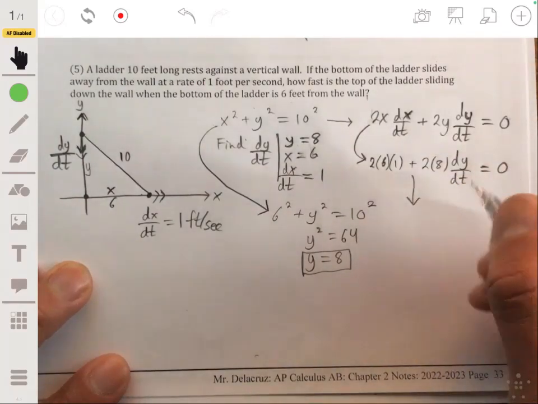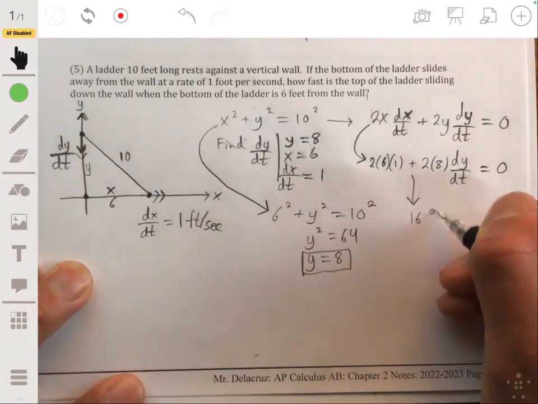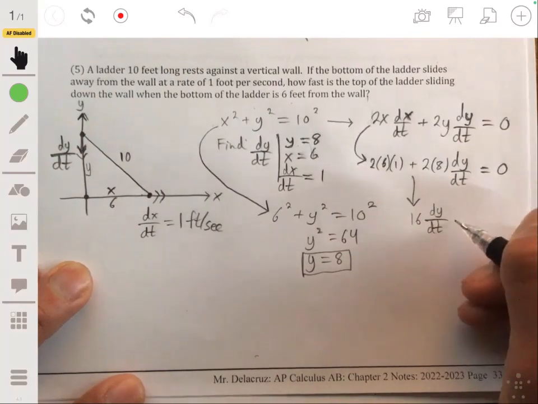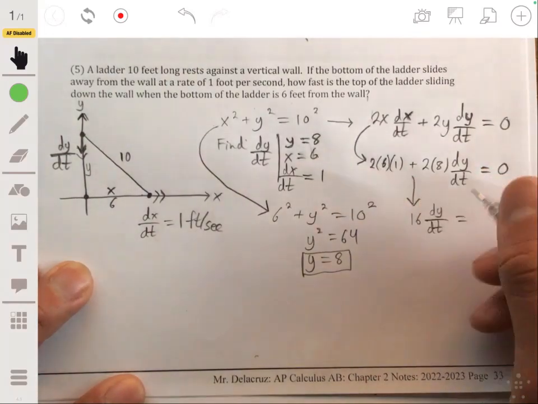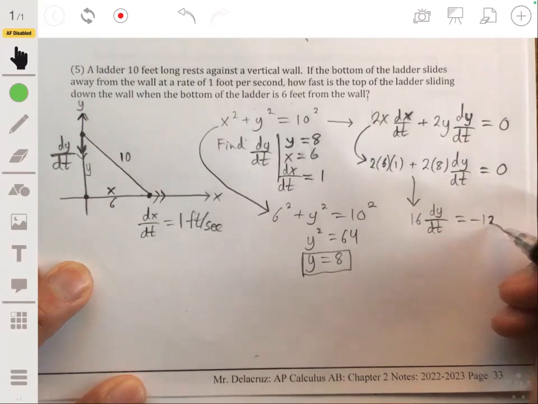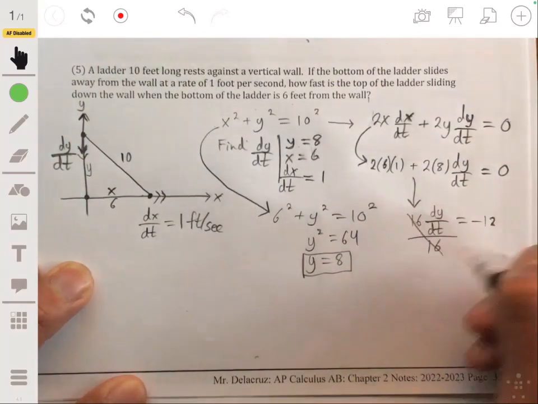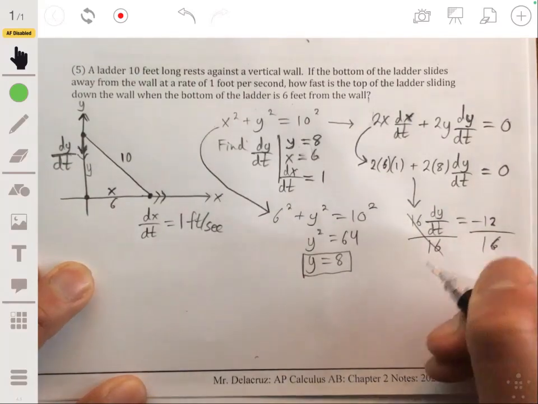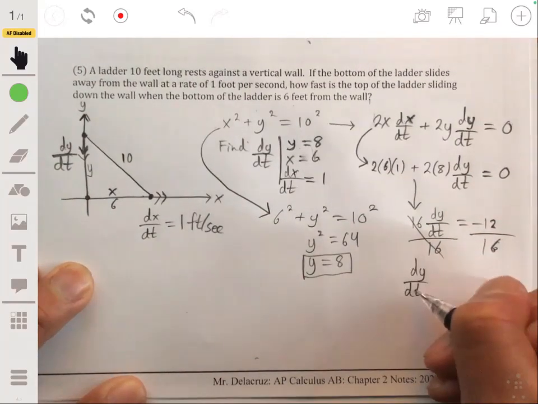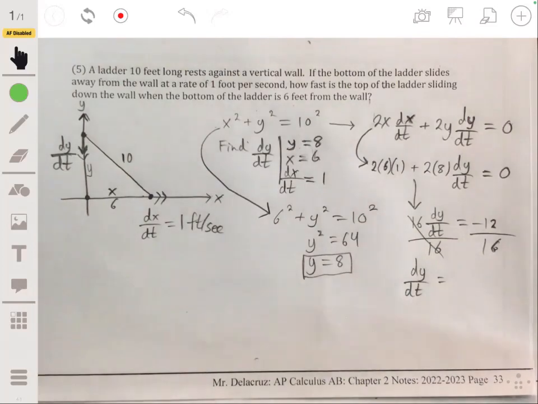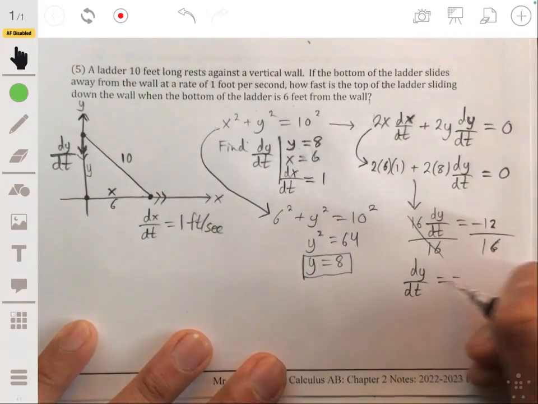So working this out, we'll have 16 dy/dt is equal to negative 12. And we just divide both sides by 16. And then we get dy/dt is negative 12 over 16, or negative 3/4.